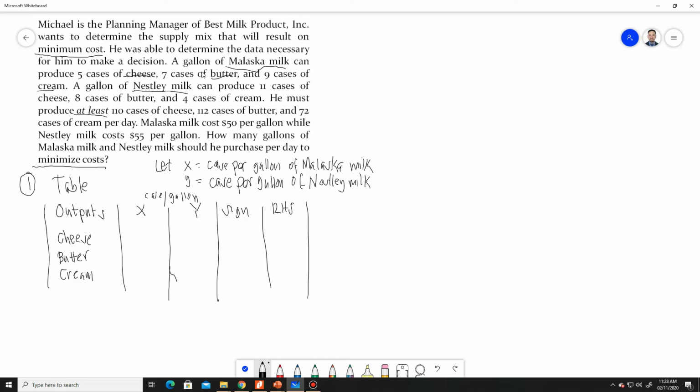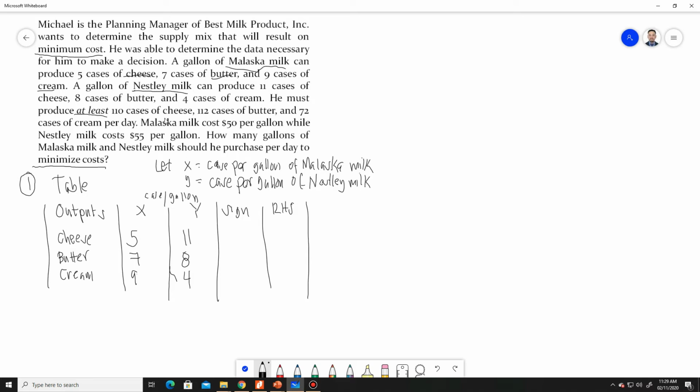A gallon of Alaska milk x can produce 5 cases of cheese, 7 cases of butter, and 9 cases of cream. A gallon of Nestle milk, which is y, can produce 11 cases of cheese, 8 cases of butter, and 4 cases of cream.